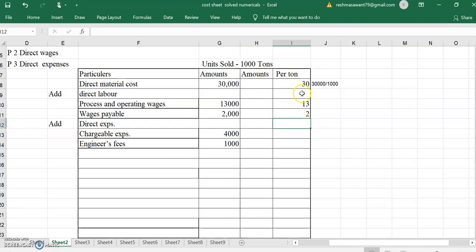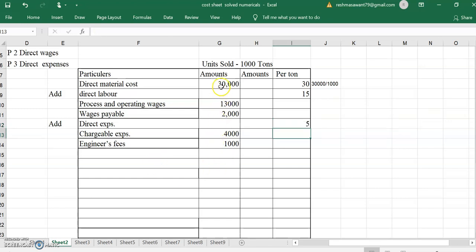But you can say direct labor will be 15 rupees in total, so it is not necessary to write every heading. Next, direct expenses: 4,000 plus 1,000 is 5,000. 5,000 divided by 1,000 is 5 rupees per ton.